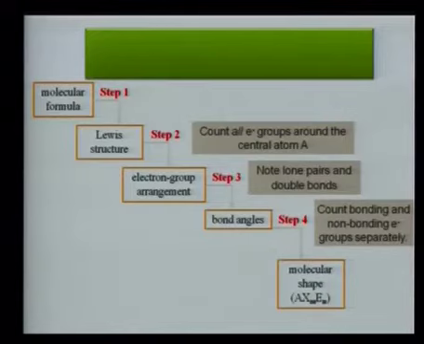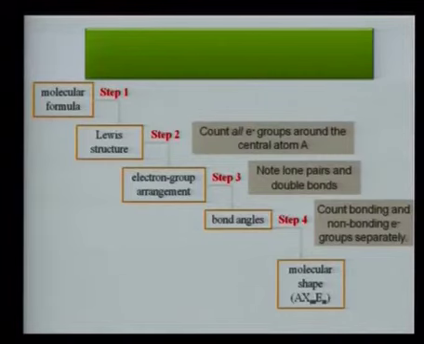Therefore, the SF4 shape will be seesaw, not regular trigonal bipyramidal. Similarly, you take ClF3, having 2 lone pairs and 3 bond pairs, the shape will be T-shaped. ClF3 will have a T-shape, not trigonal bipyramidal.